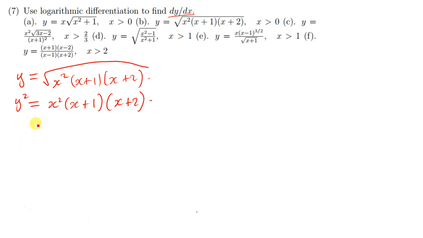So if I want, I can also multiply this x squared into the brackets there, so that I have y squared is equal to x to the power 3 plus x squared multiplying with x plus 2. So I can now introduce logs. In the first equation I used log, so in this one I'm going to use ln.